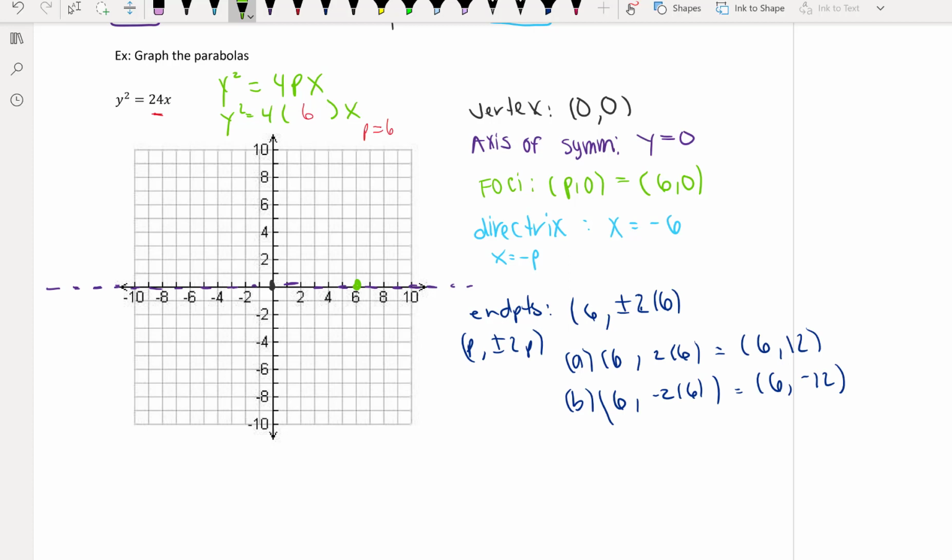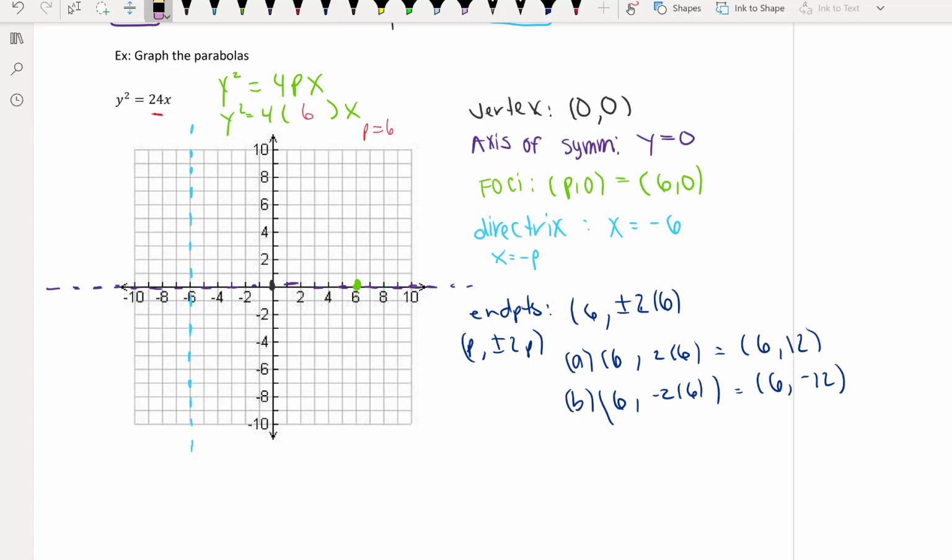And the directrix is going to be x is equal to negative 6. Okay, and my endpoints, this is where it's going to get interesting. So my endpoints are at 6 and positive 12.